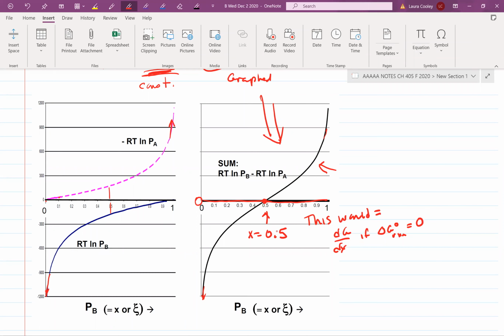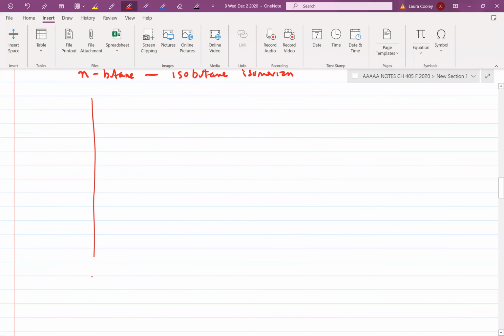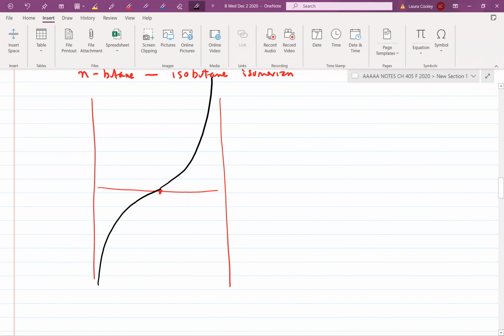And actually, we can analyze this even further. So if we have this case, we have dG/dx because delta G0 is equal to 0. This is at 0.5.